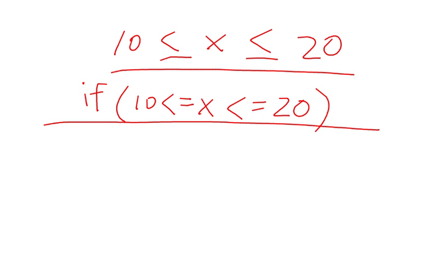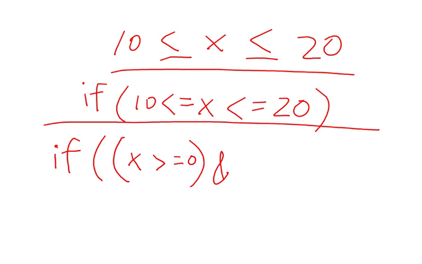So how do I write that? I'm going to do this. Look carefully here. This is exactly the way you should do it. I'm going to say if, the first comparison is to check whether x is greater than or equal to 10. So that's a separate comparison in itself. I'm going to put separate parentheses: x greater than or equal to 10. And then the second part of this, I need to link them together with the AND, so two ampersand symbols.